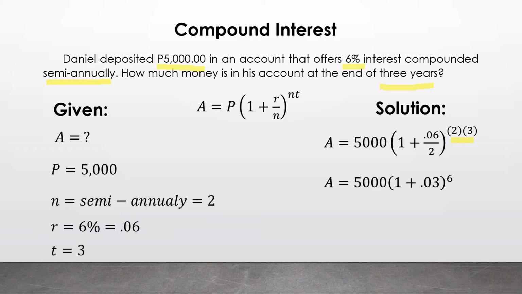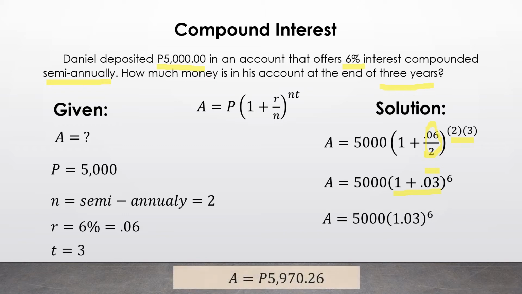Na-divide na natin yung 0.06 sa 2, that is 0.03, raised to 6. Simplifying the operation inside the parenthesis, we have the final amount is equal to 5,000 times 1.03 raised to 6.